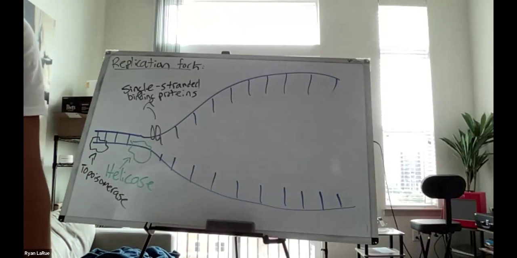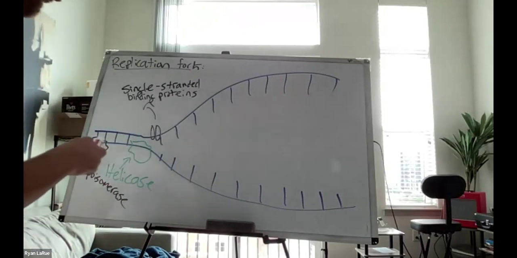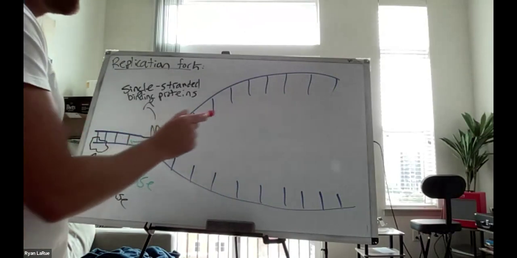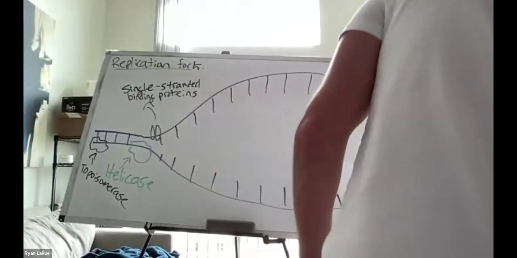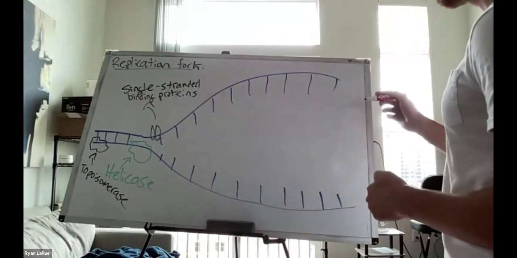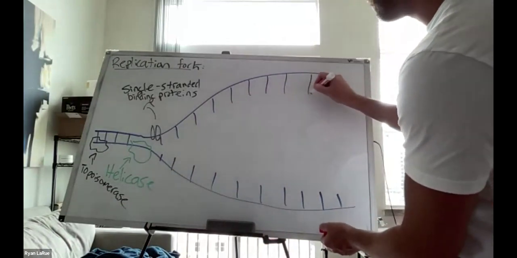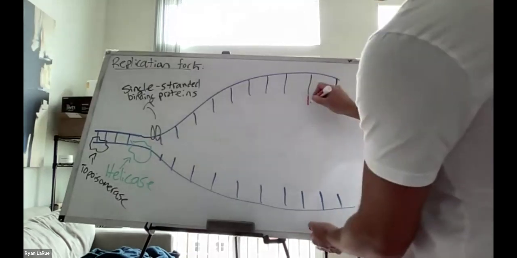Let's look at it on this strand first. And so we'll come over here. I know I said 5 to 10 nucleotides long, but let's just represent it here. So we'll have our little RNA primer.